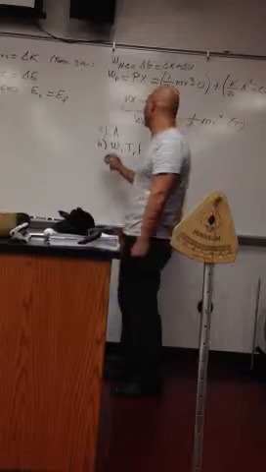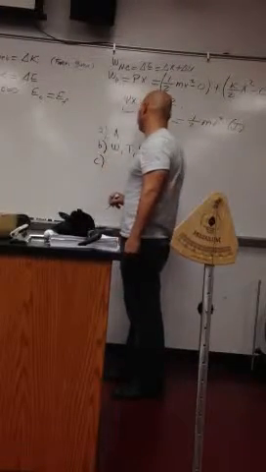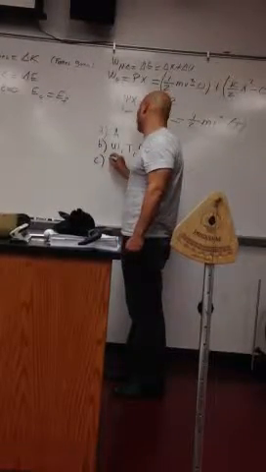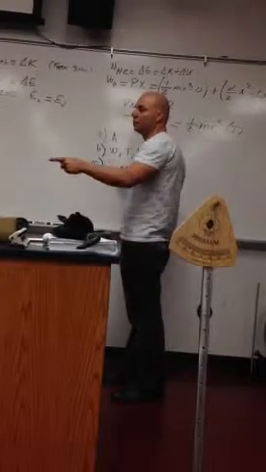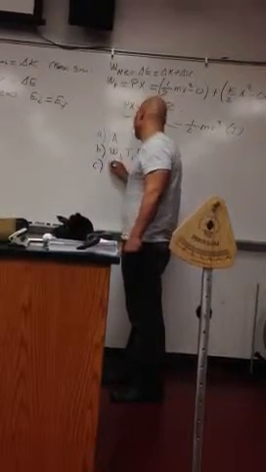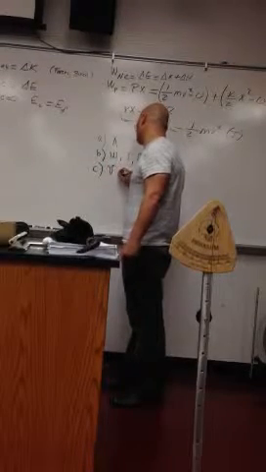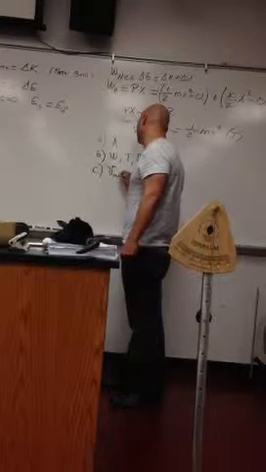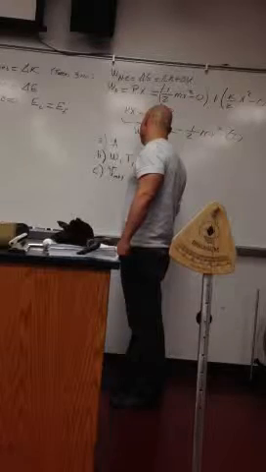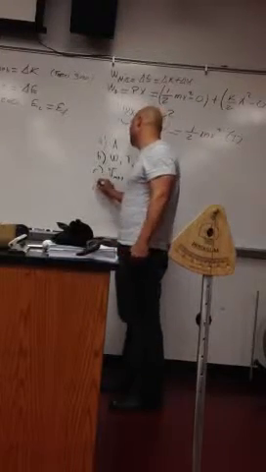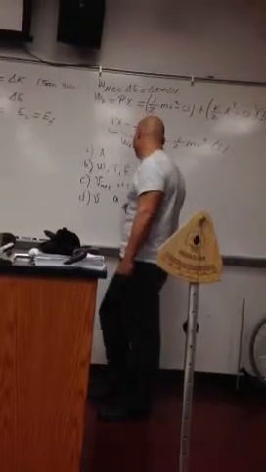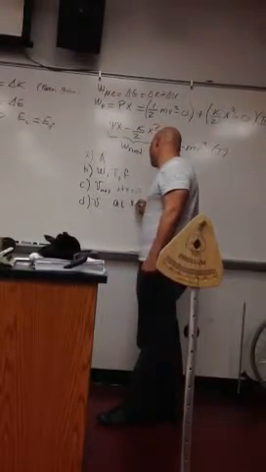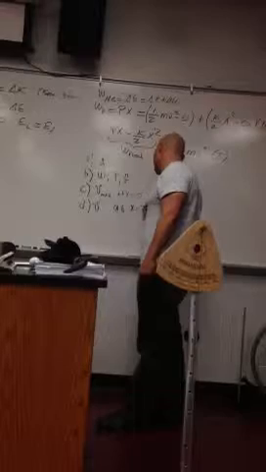C. Find what will be the velocity maximum, which happens at the point of equilibrium. D. Find what will be the velocity passing through 7.5 centimeter.